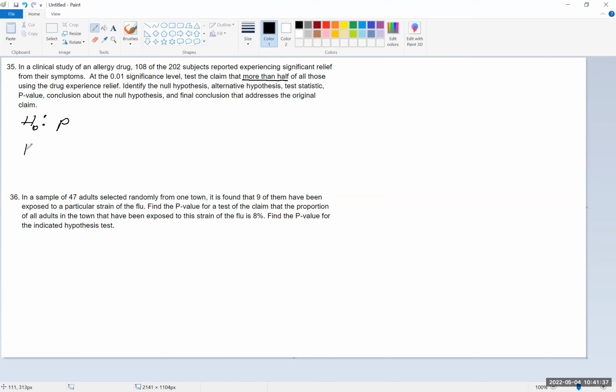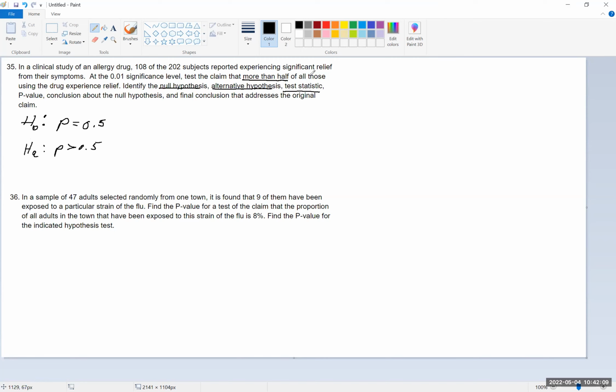So that's actually going to be the alternative hypothesis. So p is more than 0.5. That means the null hypothesis is that p is 0.5, or equal to half. Okay, so that takes care of the null hypothesis and the alternative hypothesis.